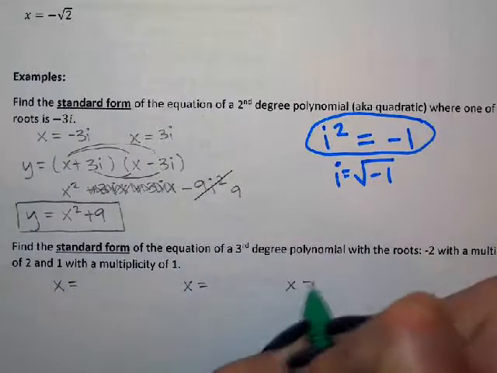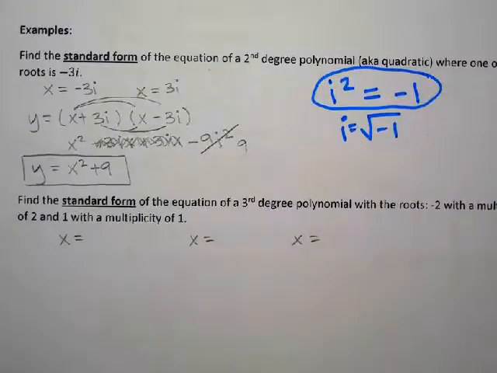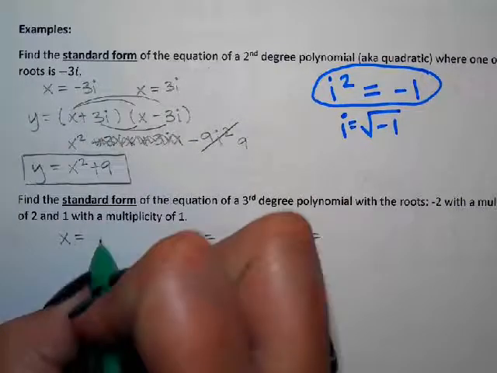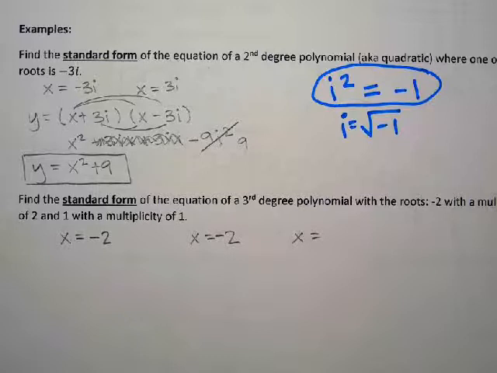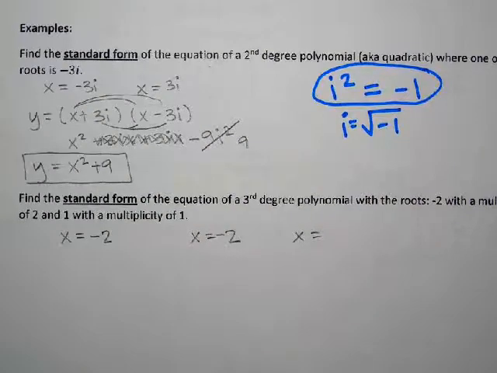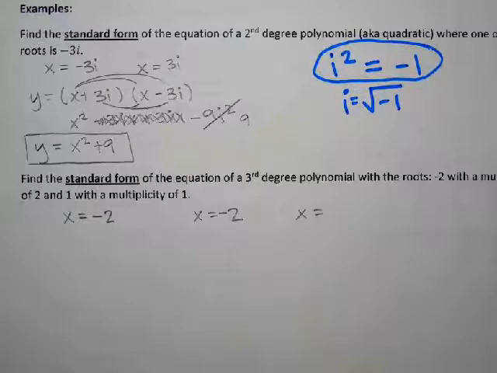So if the answer is negative 2 and it has a multiplicity of 2, how many times does that answer happen? Twice. So I'm going to say negative 2 with a multiplicity of 2. See that? I wrote that answer twice. It happened twice. Okay? And the answer 1 with a multiplicity of 1. So the answer 1, and it happens once.